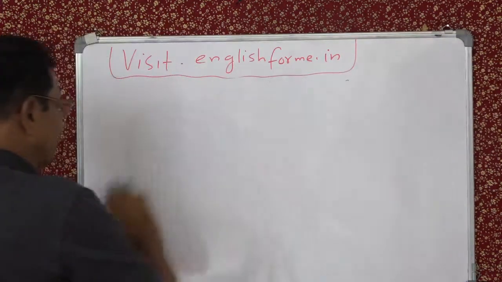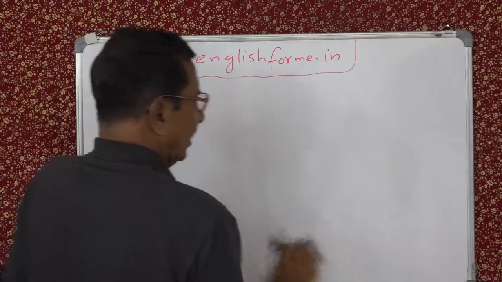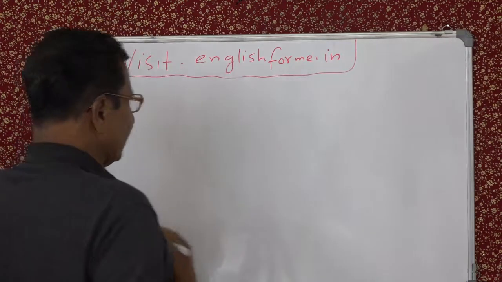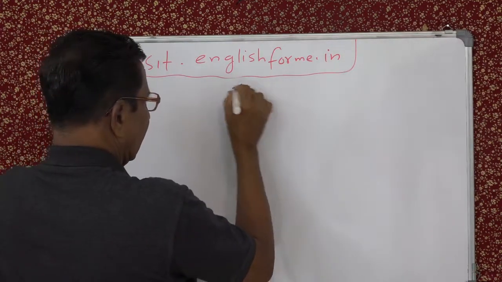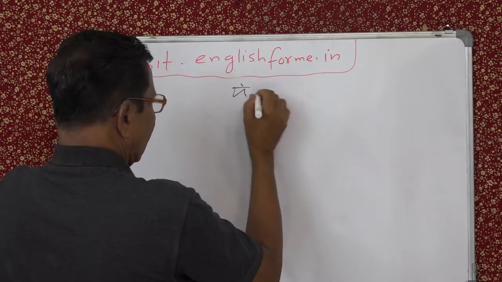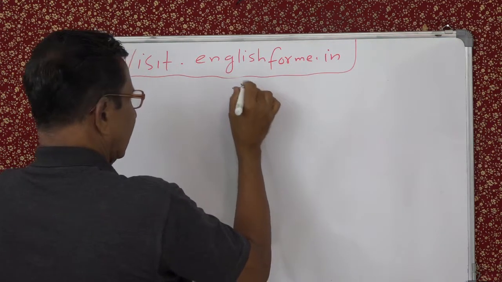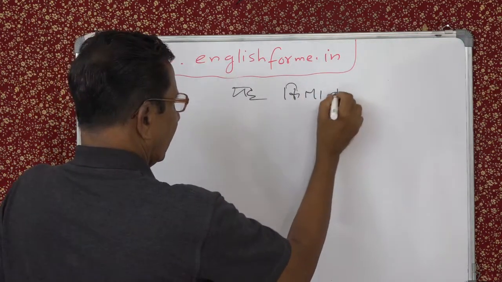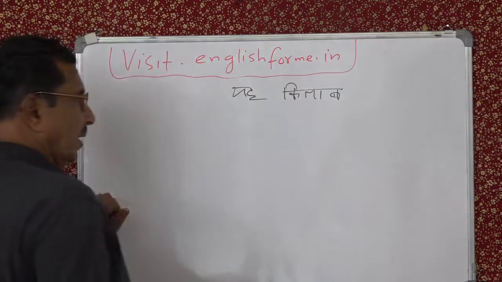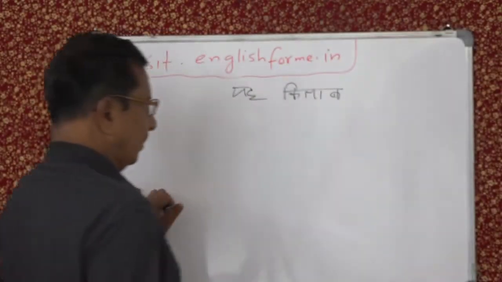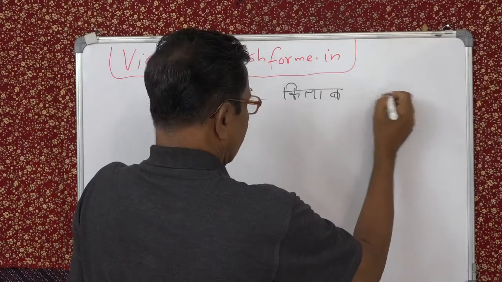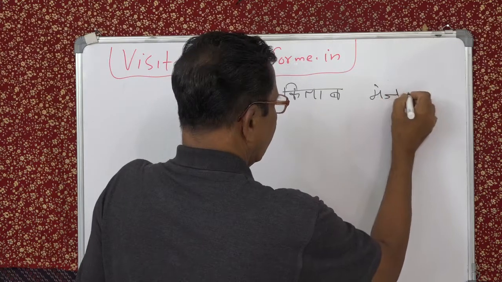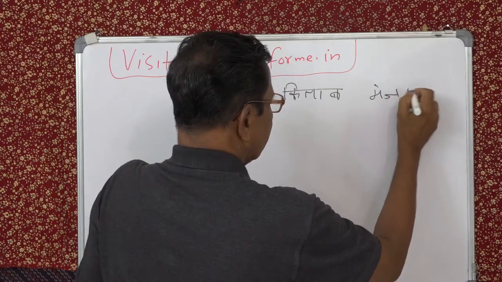I told you there is going to be language university. Isn't it? So let's see. You can say a phrase. एक किताब मैथ पर.